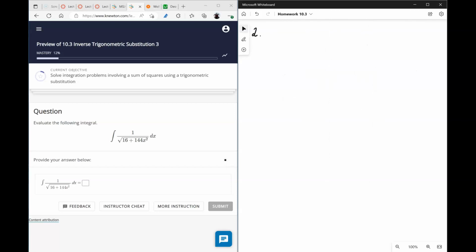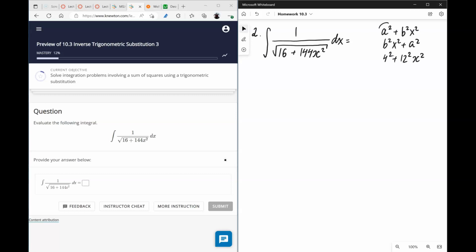Number 2. The difference is that now we have an indefinite integral, but the pattern that we recognize is the same. In our case, we have 4 squared plus 12 squared x squared.